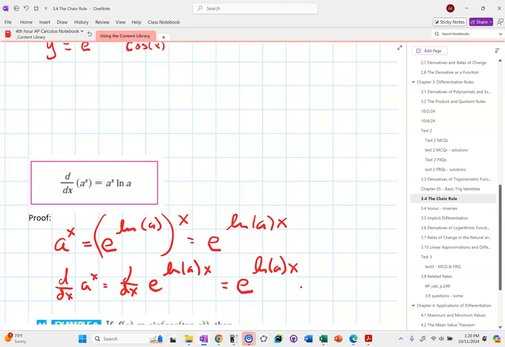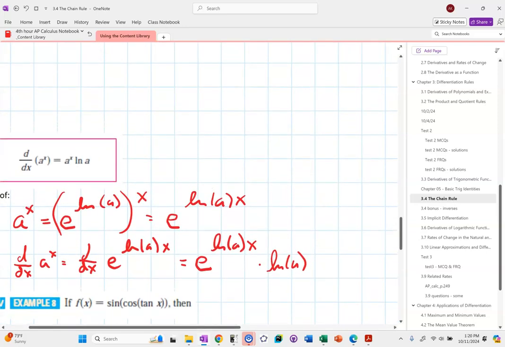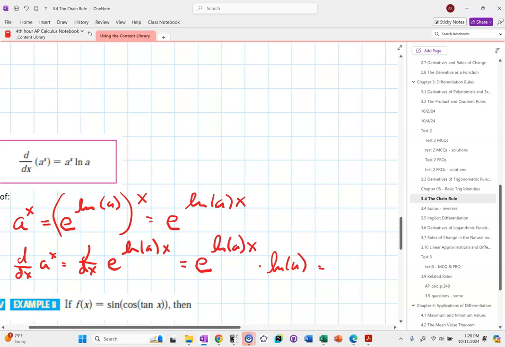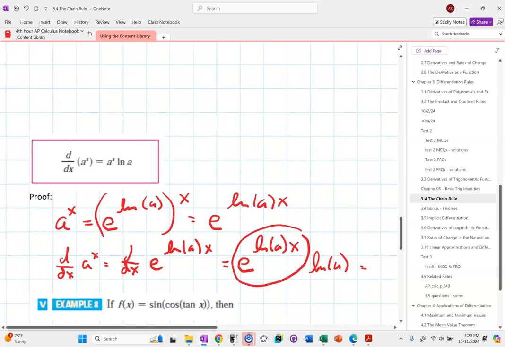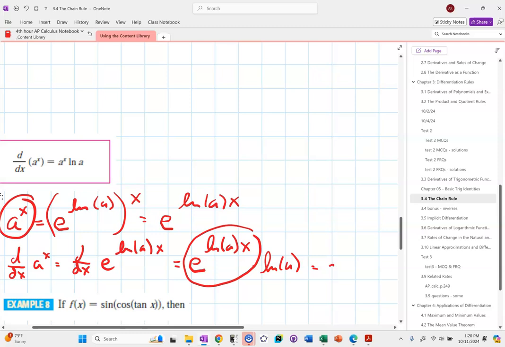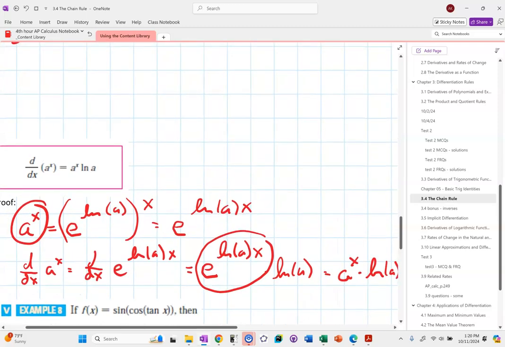Just ln a. Remember, ln a is just a constant, right? So just like the derivative of 2x, it just looks gross, but it's easy to do. And remember, this is just a to the x. And there we go. It's exactly what we tried to prove.